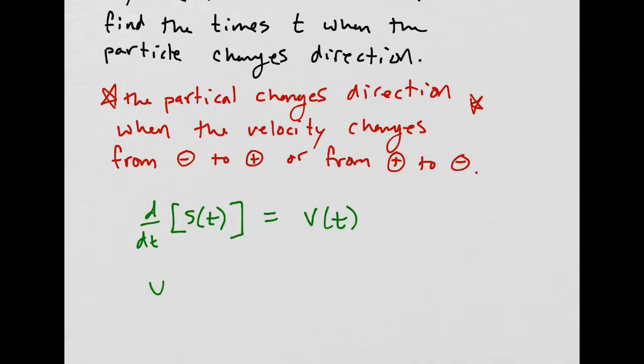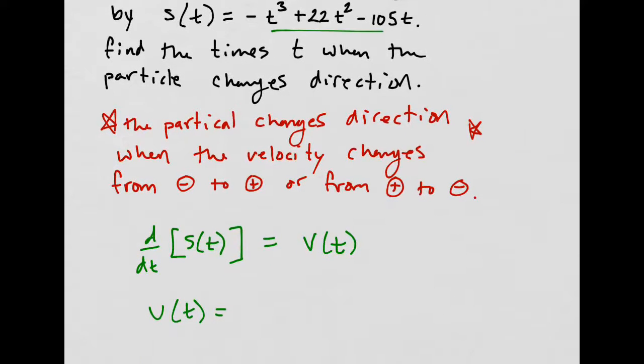So I'll write v of t, and then take the derivative, using the power rule: negative 3t squared plus 44t minus 105.